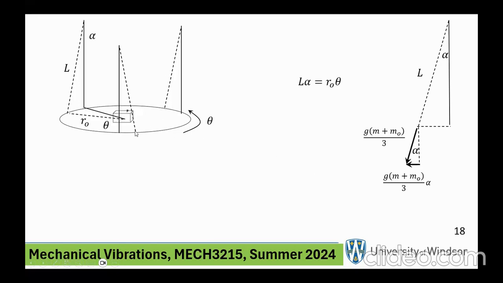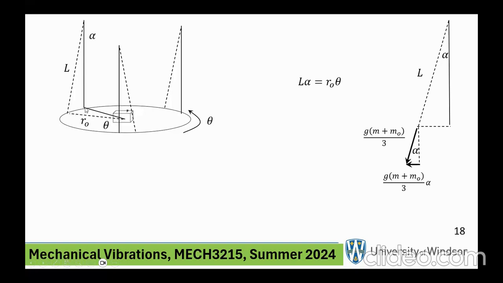First of all, if you look at this arc, let's concentrate on this particular wire, the one on the left. In this right triangle, that arc or that side is approximately L times alpha. And how do we know that? It's actually very close to L sine of alpha, but angles are small.